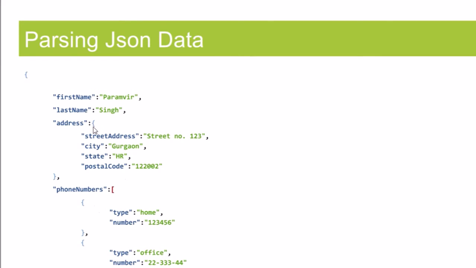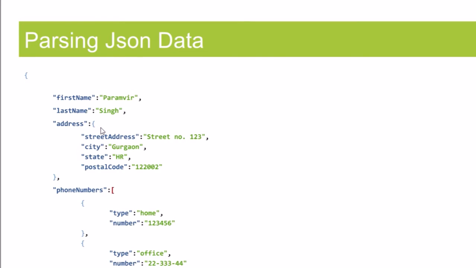Here we can see that there are again curly braces in the value part of the address, because address is again referring to JSON data, that is a JSON object. So the value of the address key here is a JSON object, and that JSON object further contains a number of key value pairs.